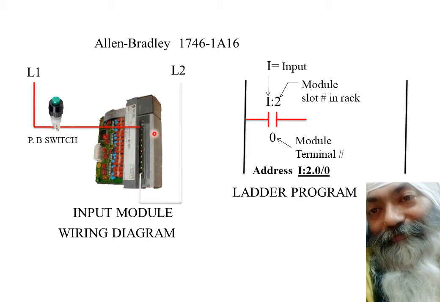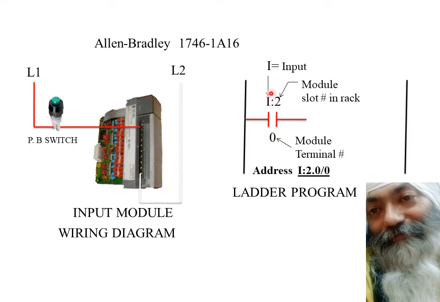So in case it's used in slot 2, this will become 2. Here we are making use of terminal number 0, so it will become 0. If this is pushed in slot number 4 and this is in the last point over here, then this will become 4 and this will become 7, because it's from 0 to 7. So that's how its address is determined.